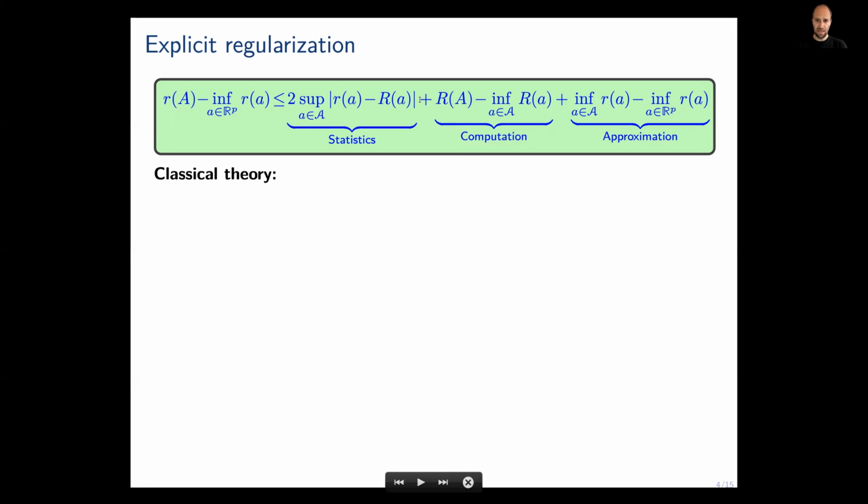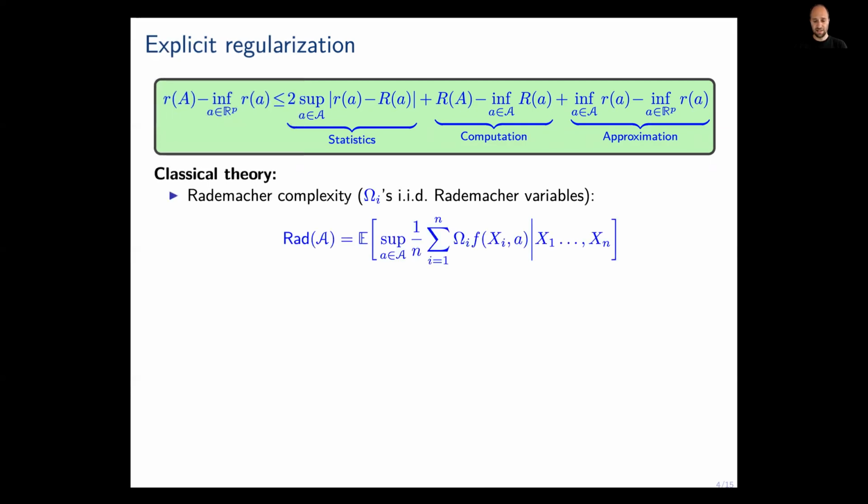This main decomposition, there are others in the literature, has been extensively investigated over the past decades, and has led to a rich theory that really sprang out from notions of statistical complexity, in particular the notion of Rademacher complexity, which is a way to capture how complex a class of functions is, namely how well it can fit random IID Rademacher data, random noise.